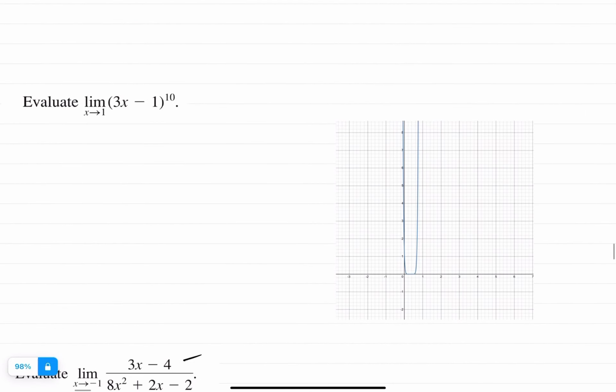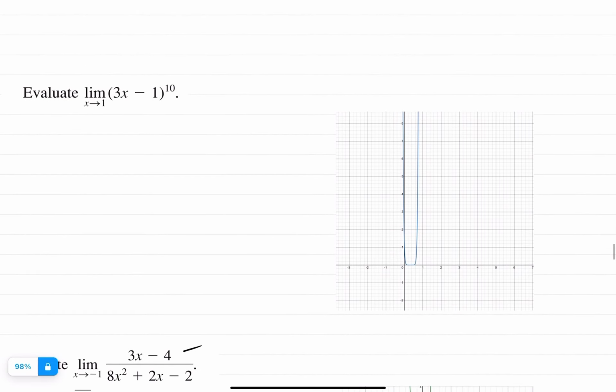The second problem is a function, 3x minus 1 raised to the power 10, and we have to find the limit for this function. What we can do is take the limit as x approaches 1 of 3x minus 1 raised to the power 10.